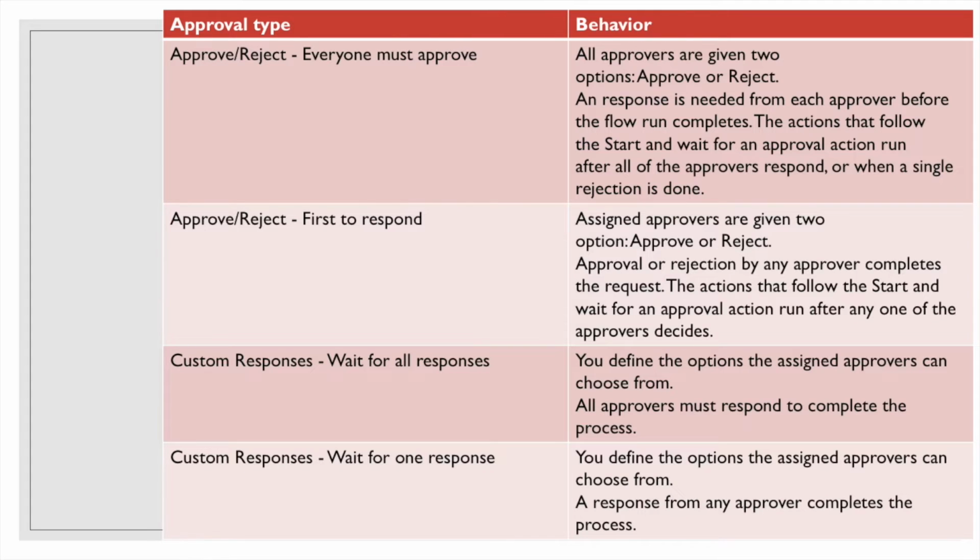And the next one, custom responses, wait for all responses. You define the options the assigned approvers can choose from. Suppose every time we have only approve or reject. If you use wait for all responses, you can write more than that. Like you can add a new option, partially approved.